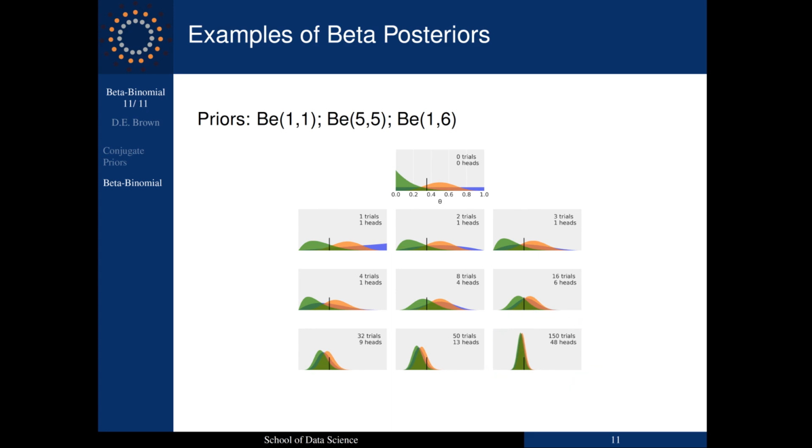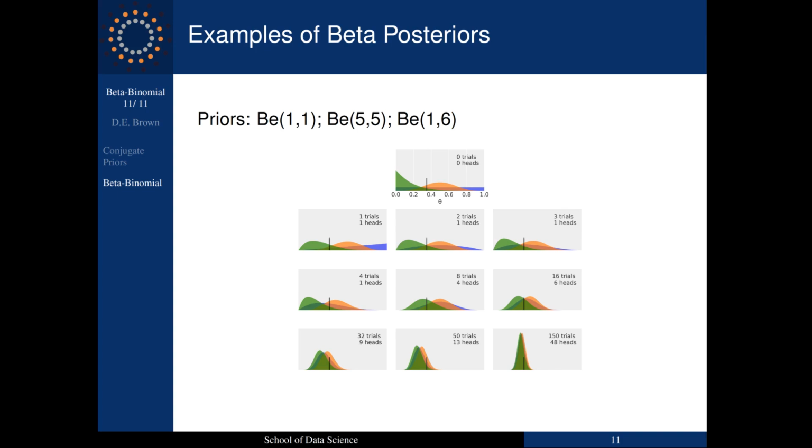And it didn't matter really where the prior distribution was initially. You can see that they change a little bit. The one where we thought there was a bias in the coin, that it was a little bit low, which was that beta 1,6, moves a little bit more quickly to recognizing the true value.